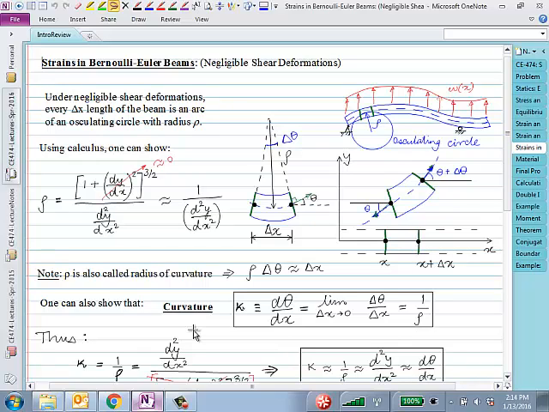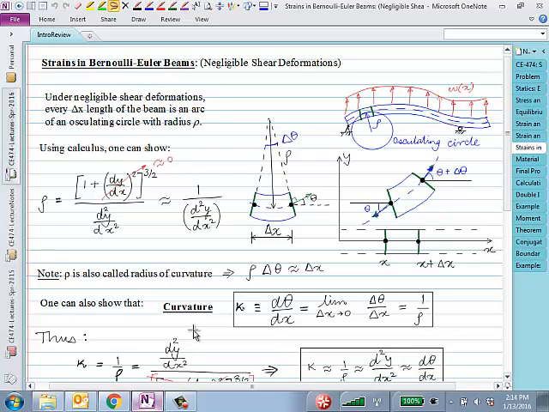So if I look at some segment of that beam, any random segment of that beam. If there is no shear deformation, if the only deformation is bending, then the only thing that can happen is two adjacent cross sections going like that, right?